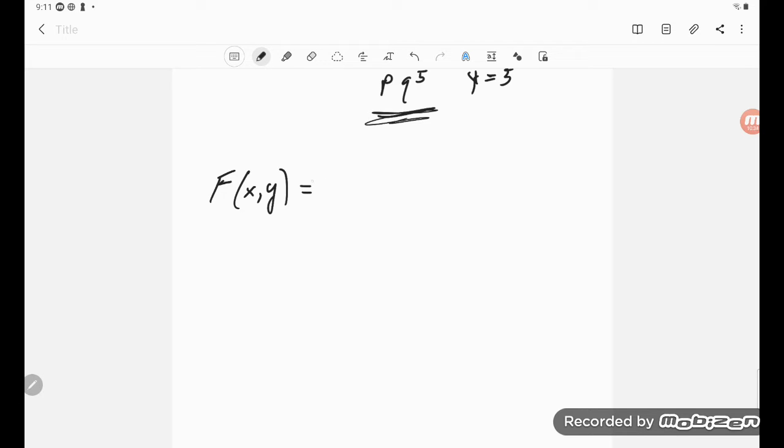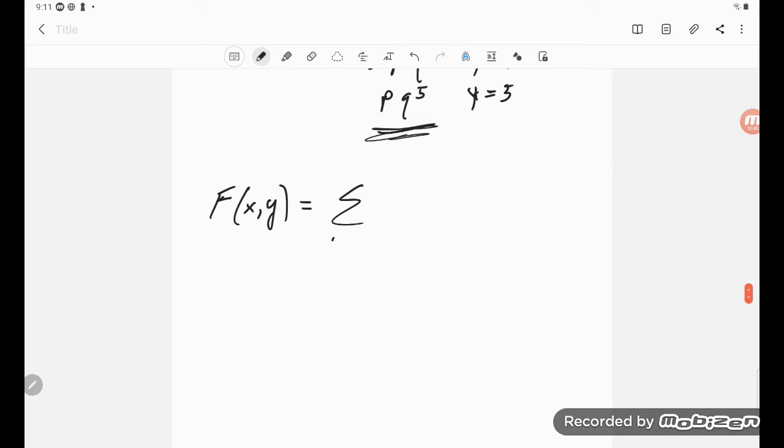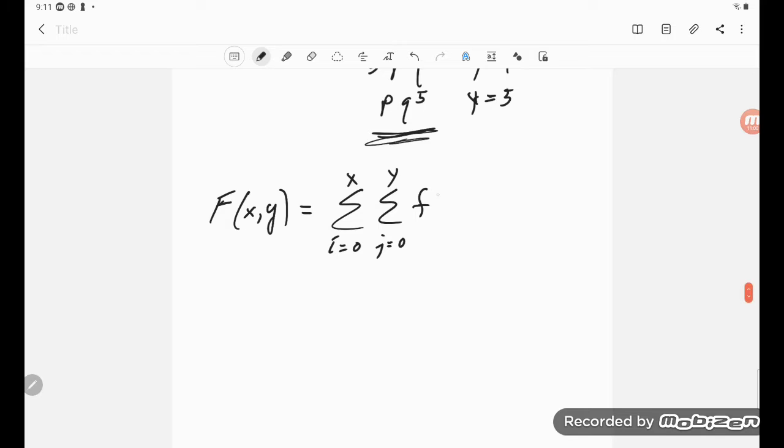So this is the sum over i equals 0 to, well, sorry, 0 to x, and j equals 0 to y of f of ij.